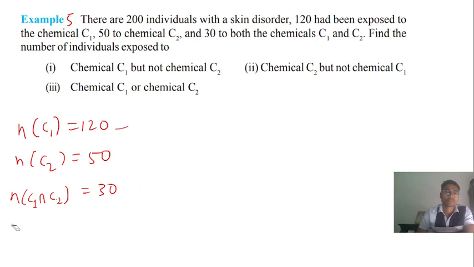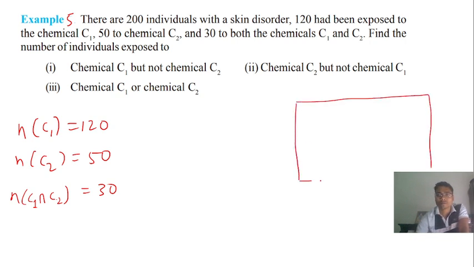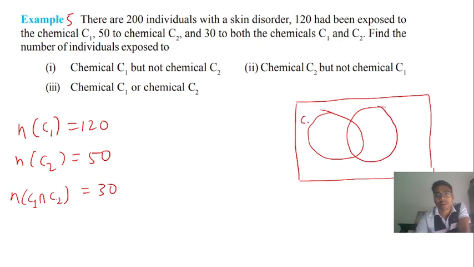Let's see. If we try to find the solution of this case with the help of a Venn diagram, we will draw two large circles, naming them chemical 1 and chemical 2.